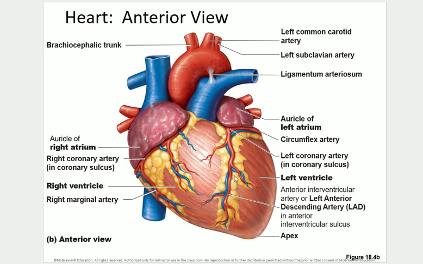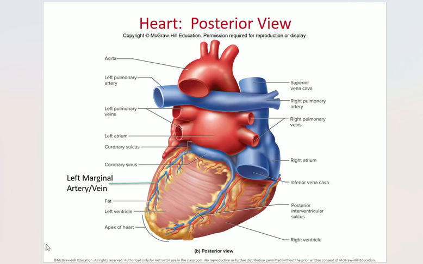A sulcus, like I said, is a groove that the artery sits in. So the coronary artery is going to sit in the coronary sulcus, right? It's that indentation. So now we've got the posterior view, so the back of the heart.